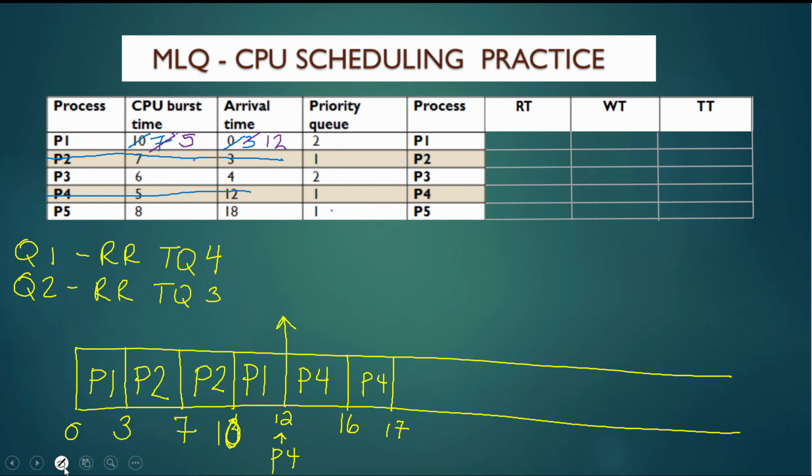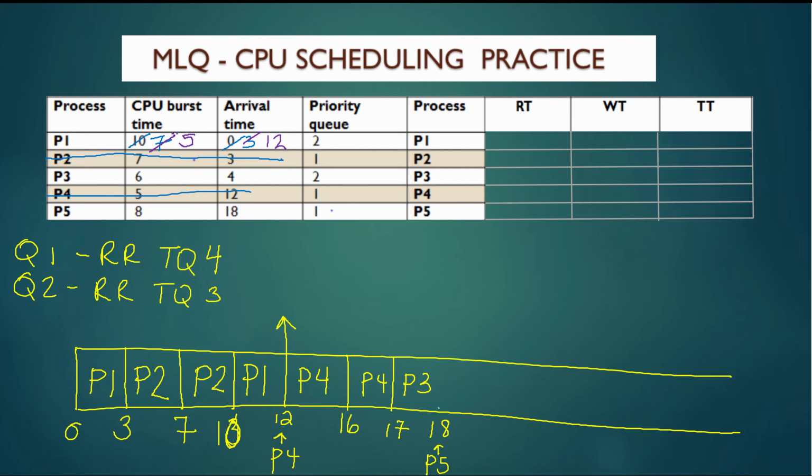All right, now the current time is 17, and in the ready queue, we have P1 that got there at time 12, P3 that got there at time 4, and P5 that has not arrived yet. So both P1 and P3 are level 2 processes, and since P3 got there at time 4, we will have P3 go next. But if you notice what's going to happen, at time 18, we will have the arrival of P5.